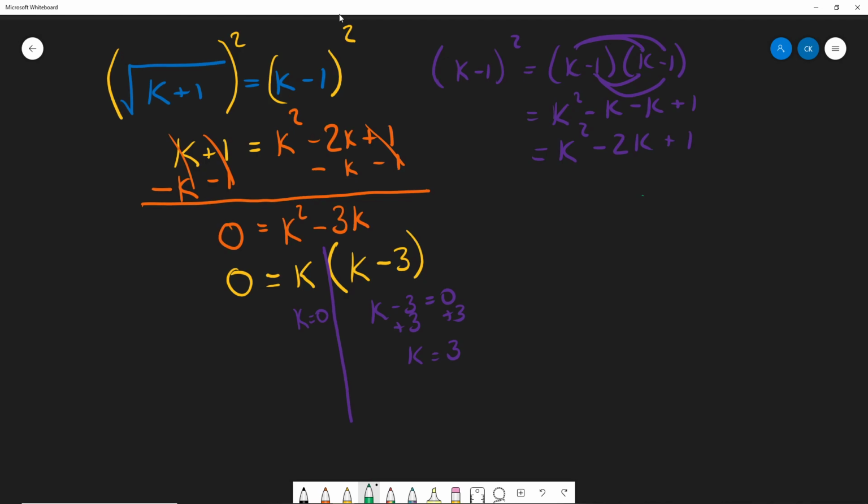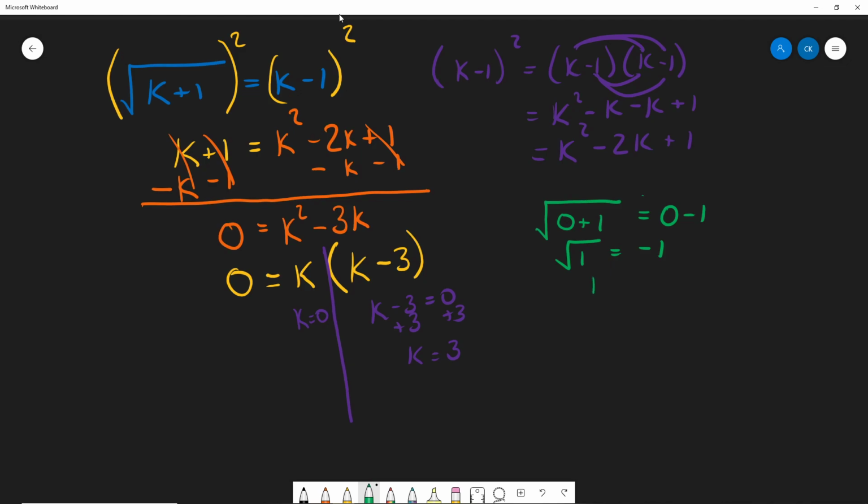So what I have to do is I have to take both of my answers here, and I have to plug them back in. So I'm going to take my k equals 0, my k equals 3, and I'm going to plug it in. So I'm going to plug in the 0 first. So I'm going to have the square root of 0 plus 1 equals 0 minus 1. 0 plus 1 is 1. 0 minus 1 is negative 1.